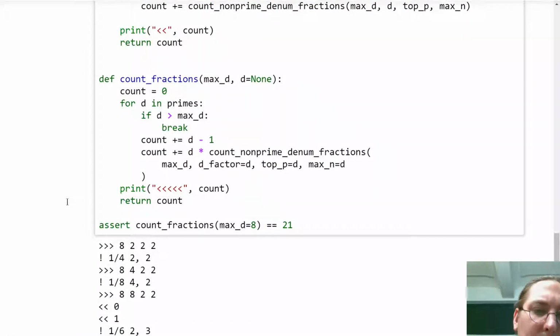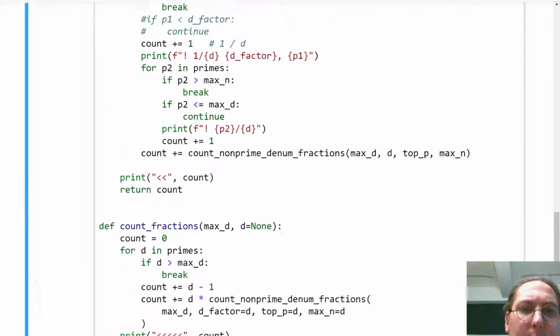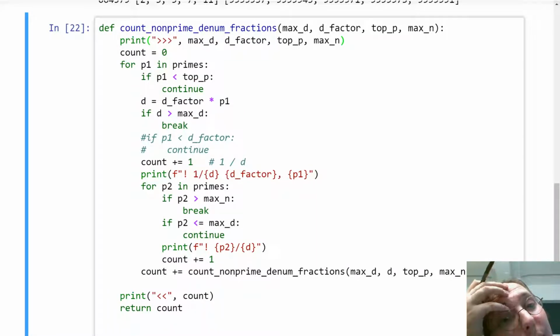Here we have d factor 4, so we start at p equals 2, p1 equals 2, which is fine.